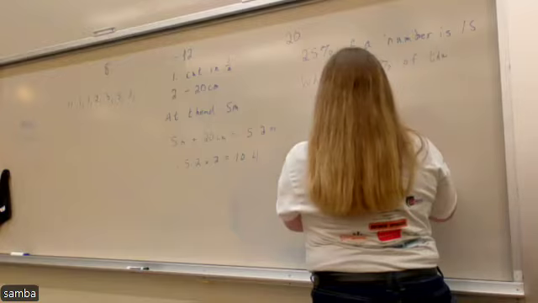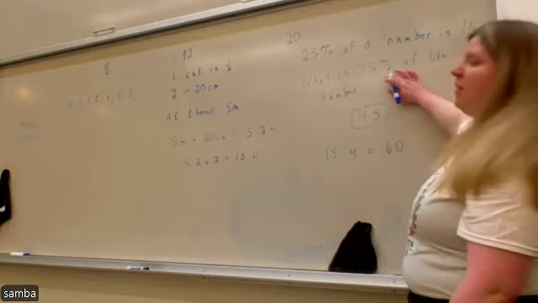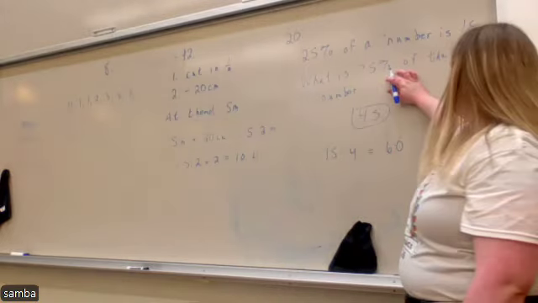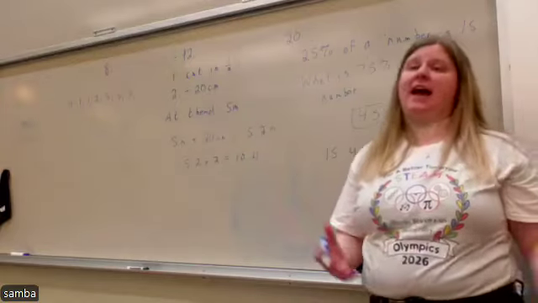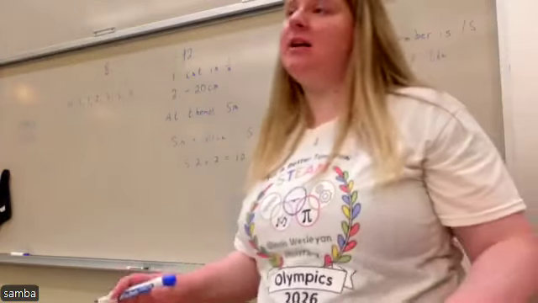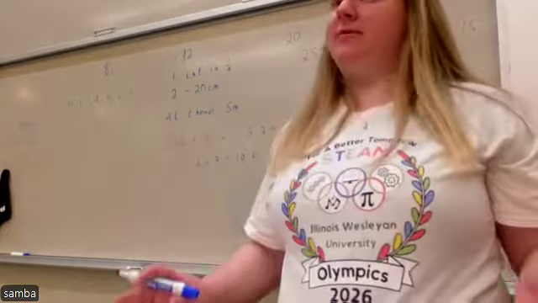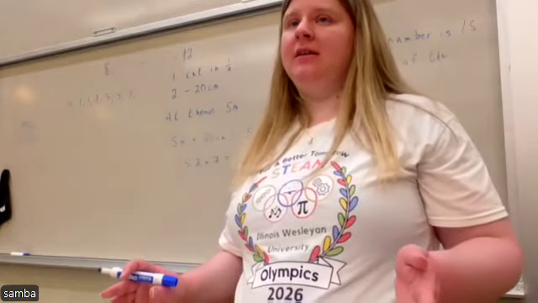This is 60. And then we want 75% of it. So 60 minus 15 is 45, something like that. So there are plenty of ways to do that one. It depended on how you thought of it when you were doing it.